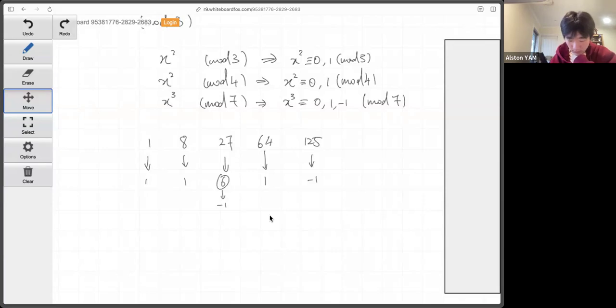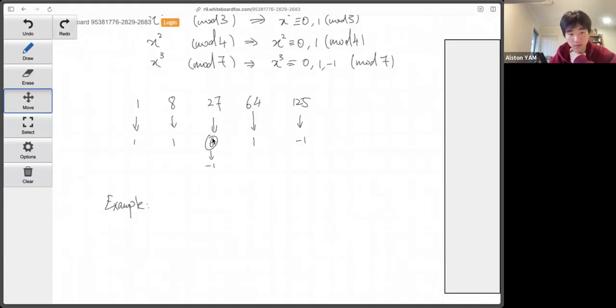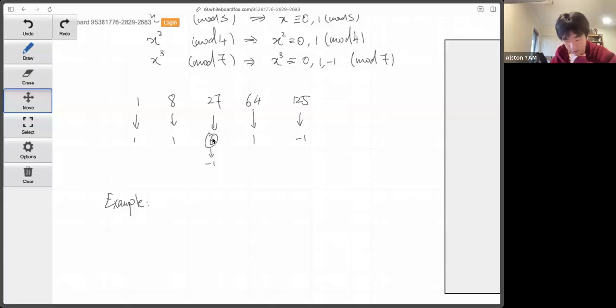So, example. I want you to show that if we consider this equation, a cubed plus (a plus 1) cubed, all the way to (a plus 6) cubed, equals b to the 4 plus (b plus 1) to the 4.